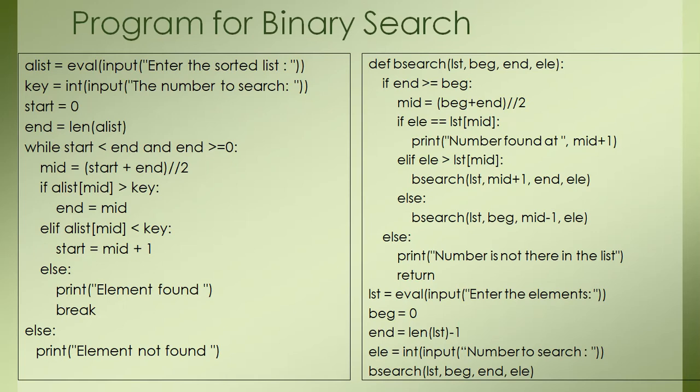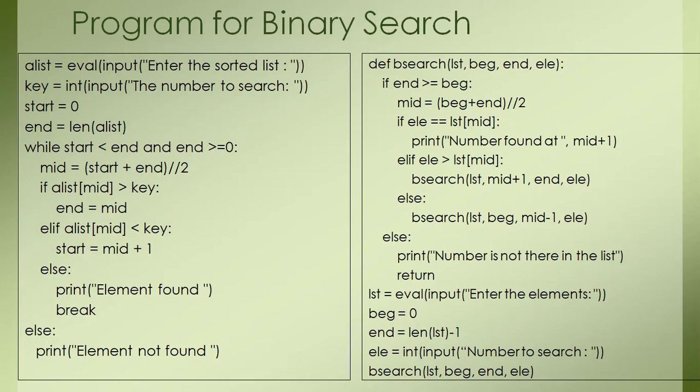Okay, because if end crosses that start, that means your list is exhausted. There is no more element in the list. You have no more comparisons to make. So this is the condition that you should stop.